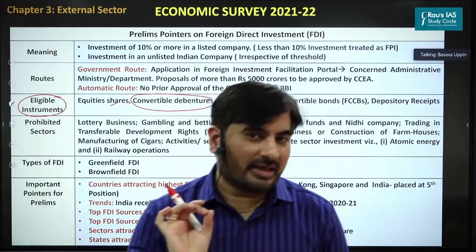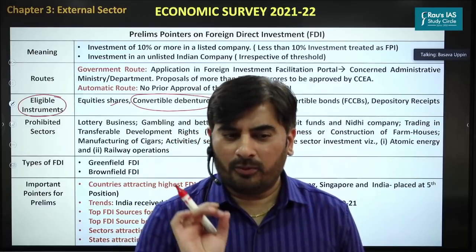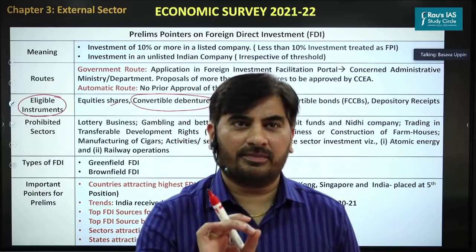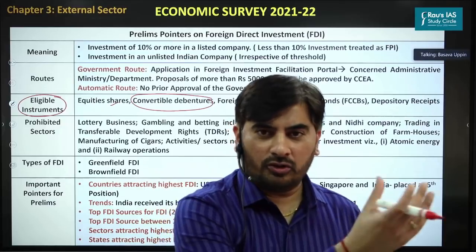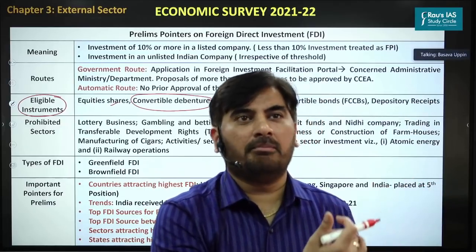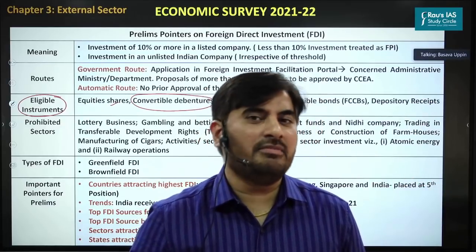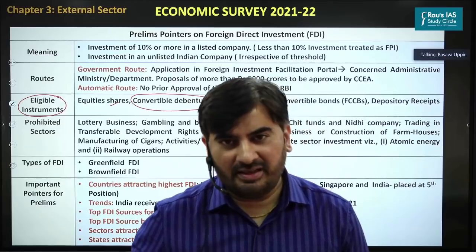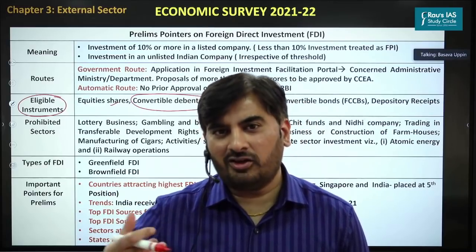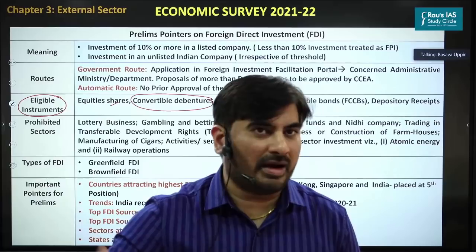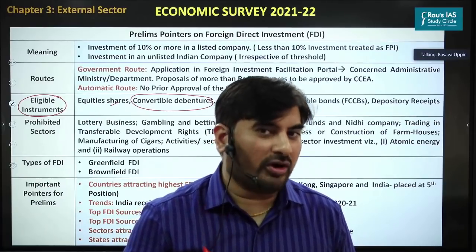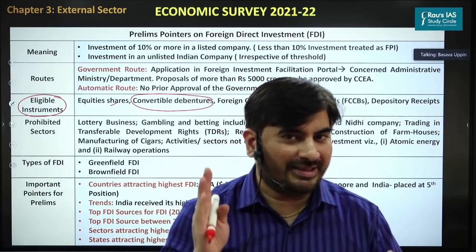Let's understand that. I hope most of you know the concept of bonds, right? A company issues bonds in order to raise money or borrow money from the market. Debentures are similar to bonds. That is, a company will issue debentures in order to raise money from the capital market or to borrow money from the market. But there are some important differences between bonds and debentures.